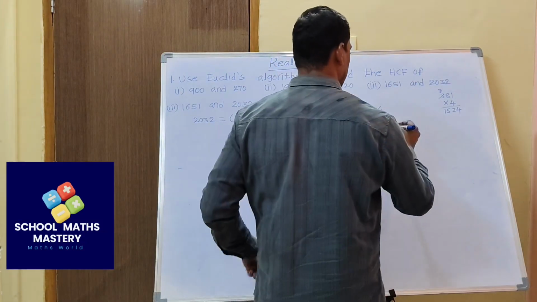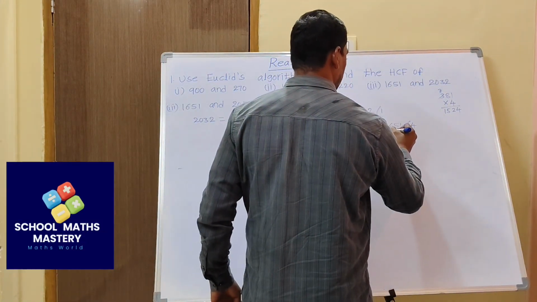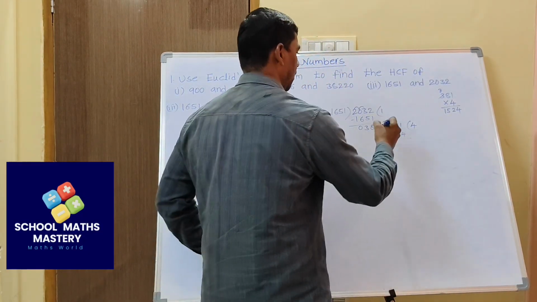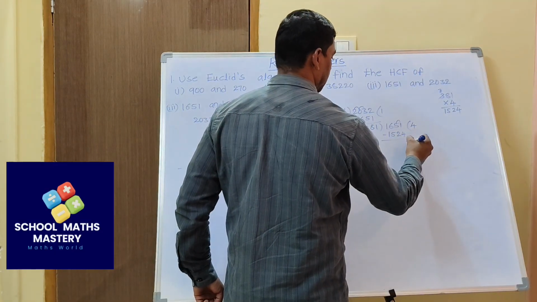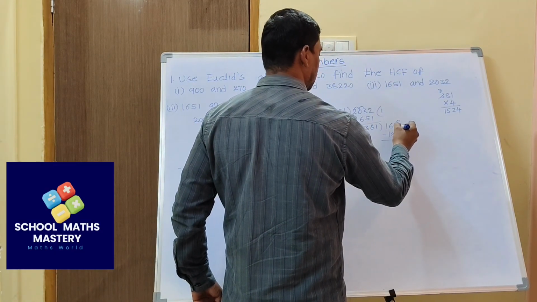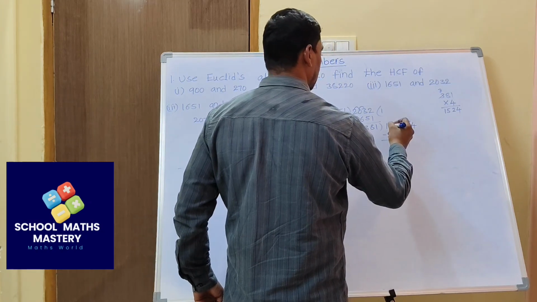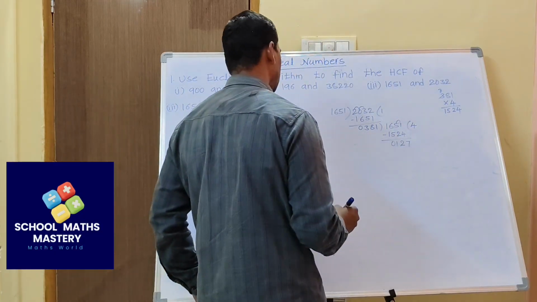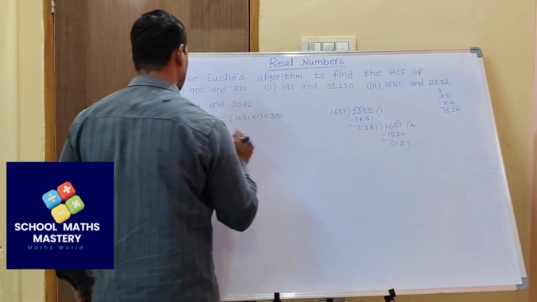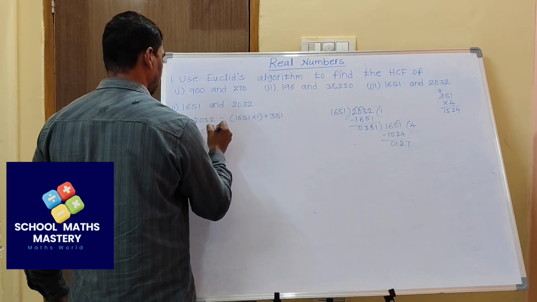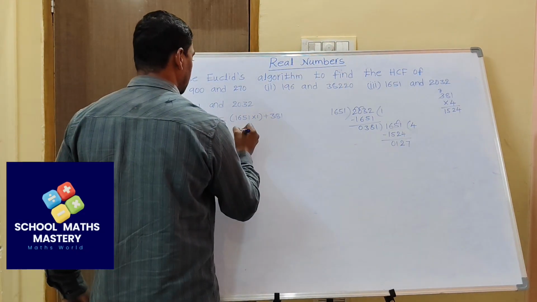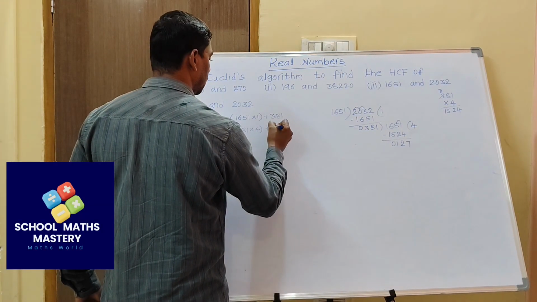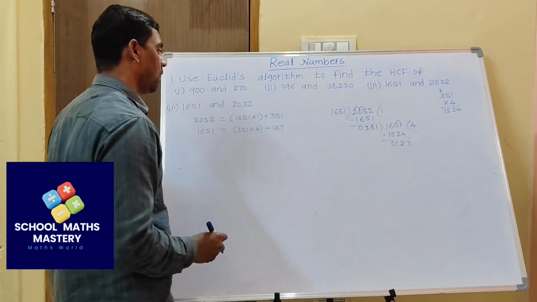Here 1651, 4 times 1524, borrowing 11 minus 4, 7, 4 minus 2, 2, next 6 minus 5, 1, 1 minus 1, 0, 127. Okay, 1651 equal 381 into 4 plus 127, this is the remainder.